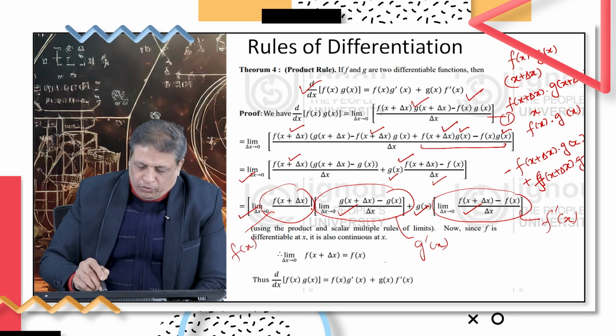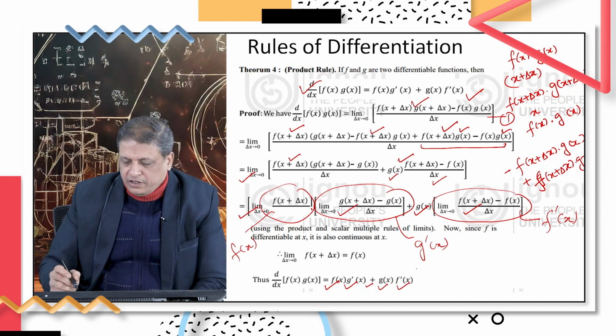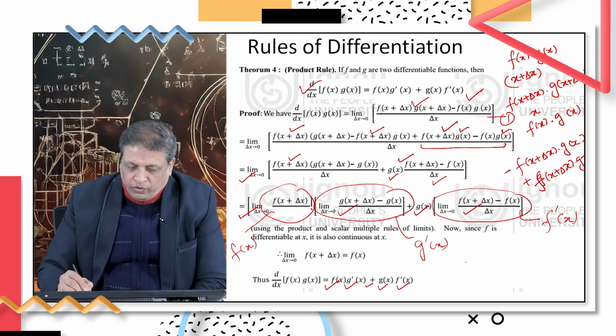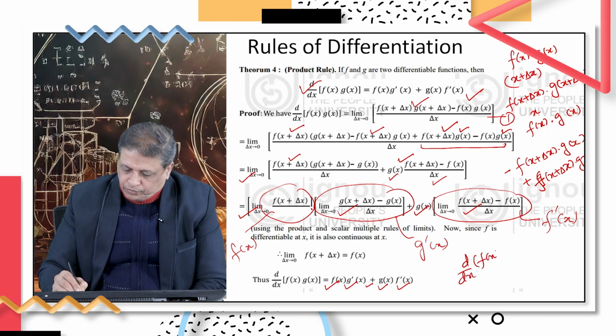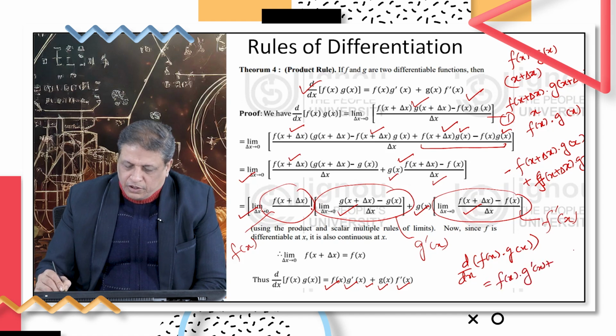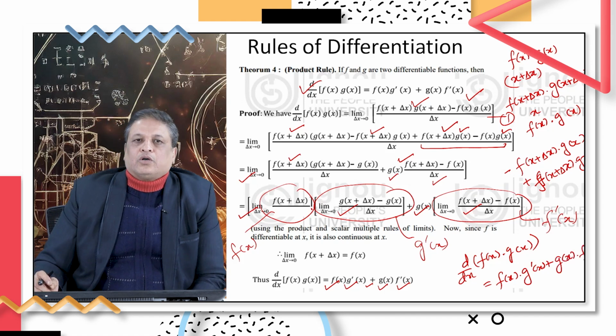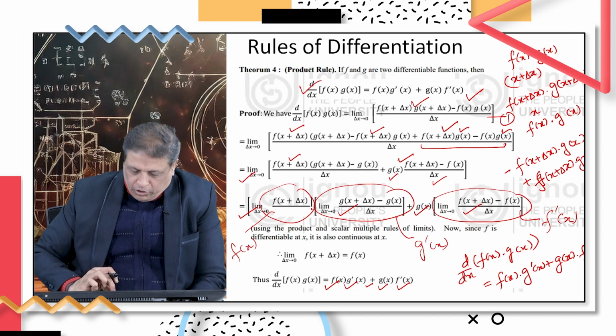So we got the formula f(x) into g dash x plus g(x) into f dash x, and this is nothing but your product rule, which says that d dx of f(x) into g(x) is equal to f(x) into g dash x plus g(x) into f dash x. I hope you understood how to prove the product rule.